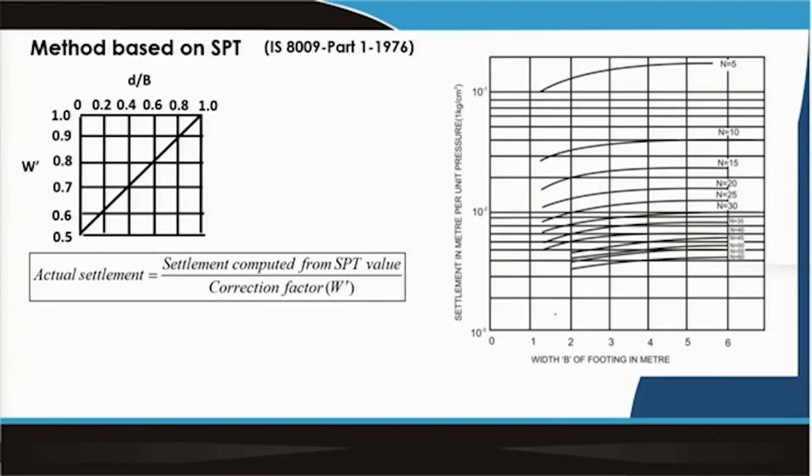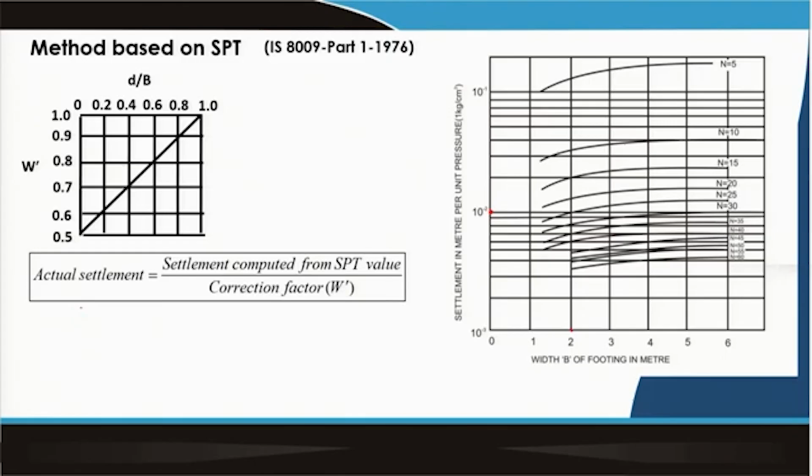So, here I will use the SPT based method as per the IS 8009, where the settlement curve chart is here. So, our width of foundation is 2 and N value is 25. Okay. So, the settlement value will be this one, 10 to the power minus 2 meter per kg per centimeter.